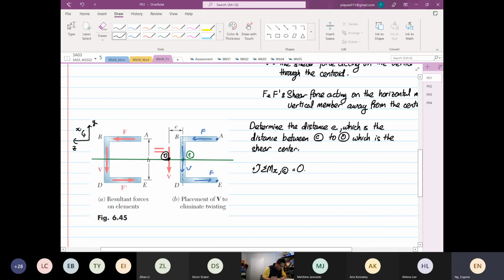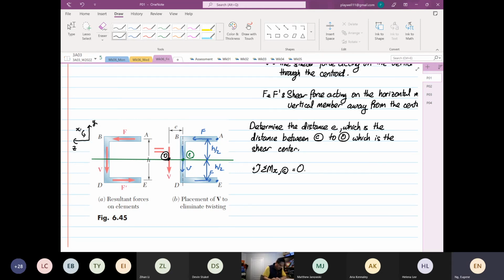We know the distance from here to here is a straightforward part. It is h/2, and likewise for the one below, this is also h/2.